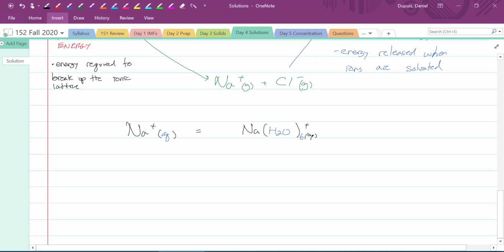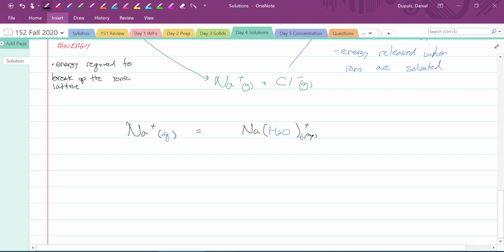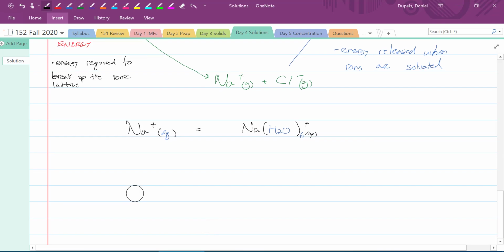And what do I mean by that? If I could draw here, a black circle. There's my Na. Octahedrally speaking, for the most part, there are going to be 6 water molecules: 1, 2, 3, 4, 5, close enough.